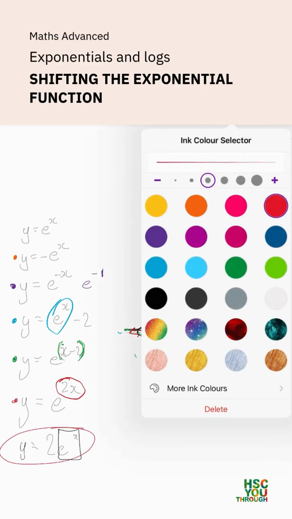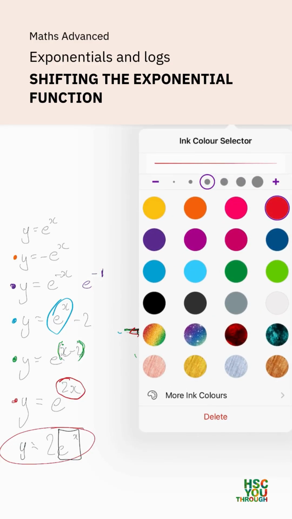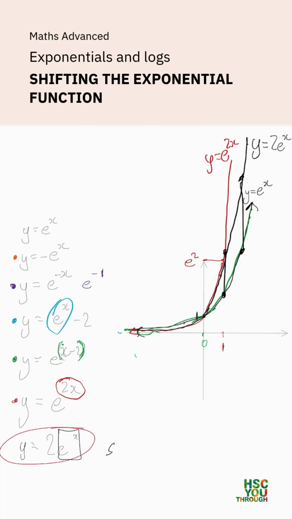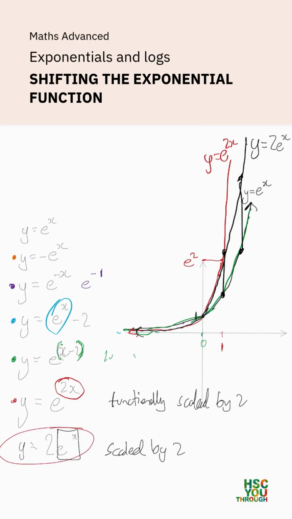So in summary, we have scaling, scaled by 2. You could say this is functionally scaled by 2. These are always when you have a subtraction or an addition in the functional slot. These are left-right shifts. In this case, it was a rightward shift because it's counterintuitive.